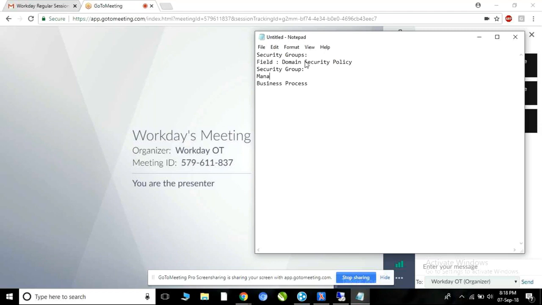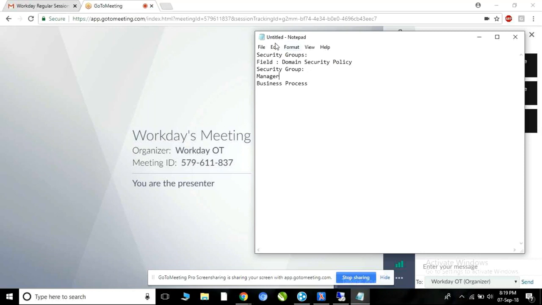So when I'm talking about a manager, we can say that it is a type of security group to which a person can be assigned, and when he's assigned to this security group, he will be able to do these following things: he can view his employees' personal data, compensation data, maybe performance data, he can promote him, change his salary, or approve his leaves, all those things.